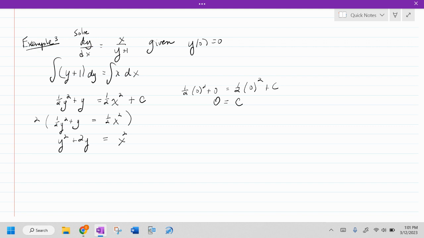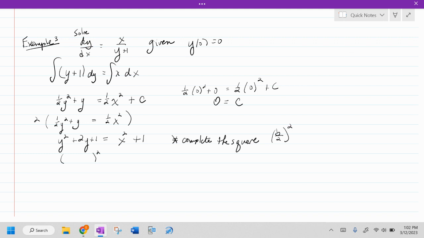Okay, so now I have to do some algebra in order to solve for y. So what I'm going to do is a little process we learned a long time ago called completing the square. So I'm going to do b divided by 2 and then square it so I can add 1 to both sides.